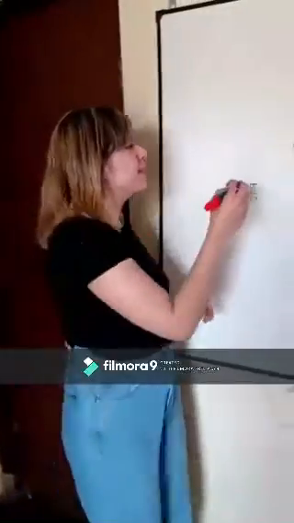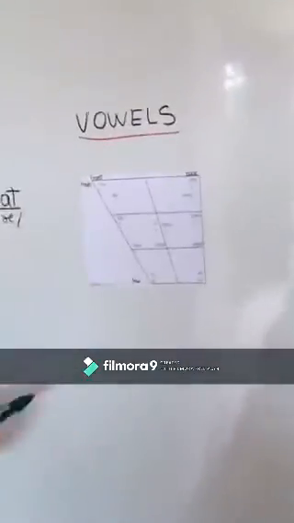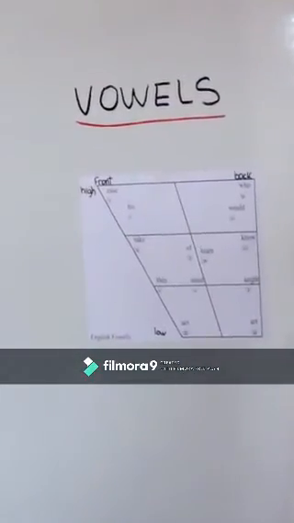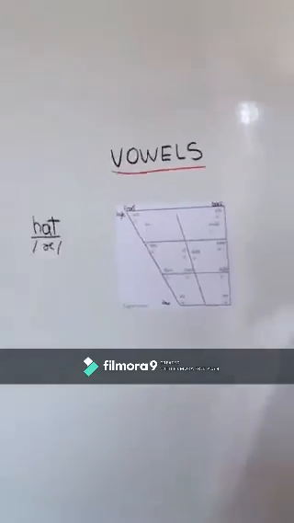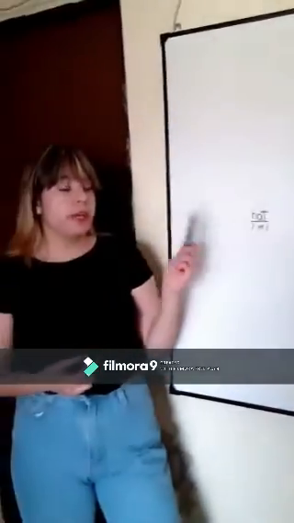Another topic is vowels. Vowels are produced with a free flow of air. When we consider vowels, we consider the position of the tongue and how it influences the airflow. To talk about points of articulation, we have to consider the space inside the mouth.